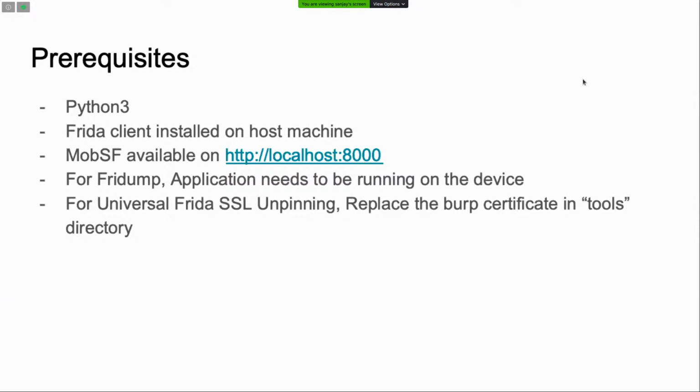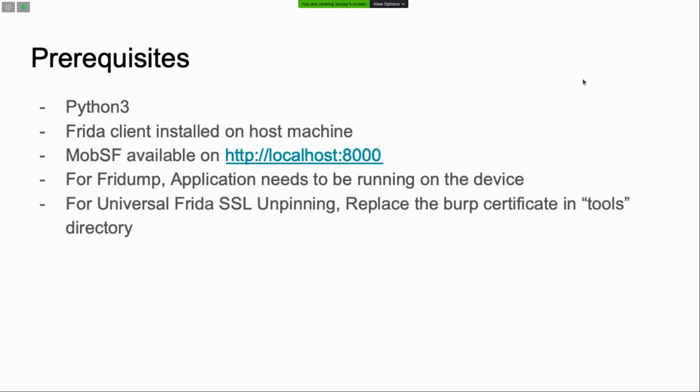In order to use my tool, these are the prerequisites. The tool is built upon Python 3, and the Frida client needs to be installed on the host machine. It is required to run the Frida script. MobSF also needs to be installed on the host machine.